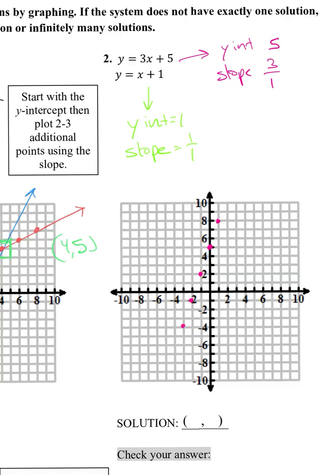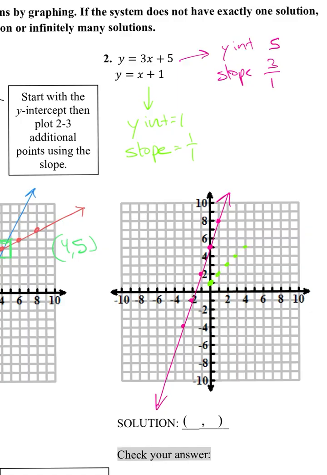Let's go ahead and draw the line. There's that line. Let's draw the plot points for the other line. My y-intercept on that one is positive 1, and my slope on this one is 1 over 1. So up 1 over 1, up 1 over 1, and so on and so forth.